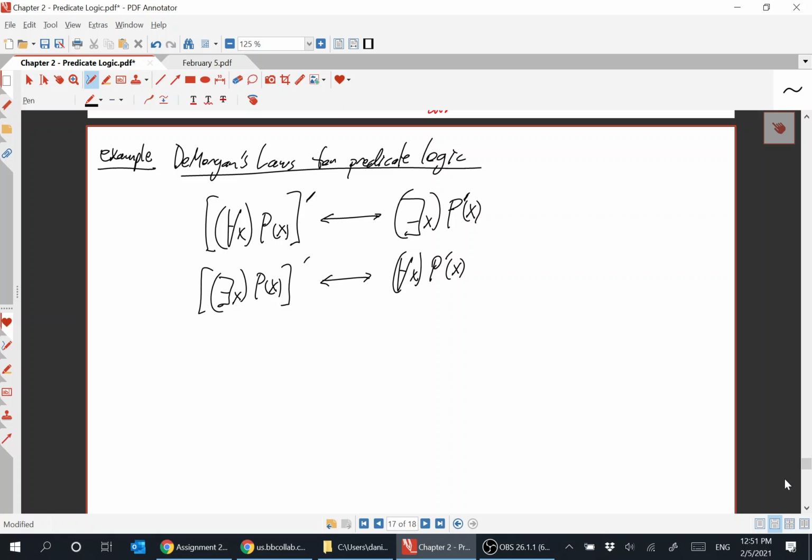All right, guys, sorry about that. So De Morgan's laws for predicate logic are important when you want to write the negation of an English language statement which uses predicate logic.